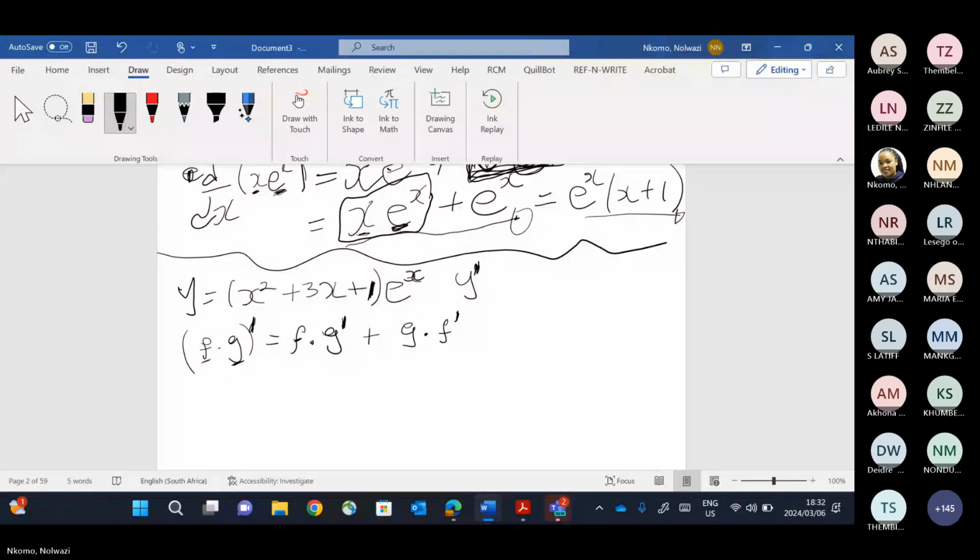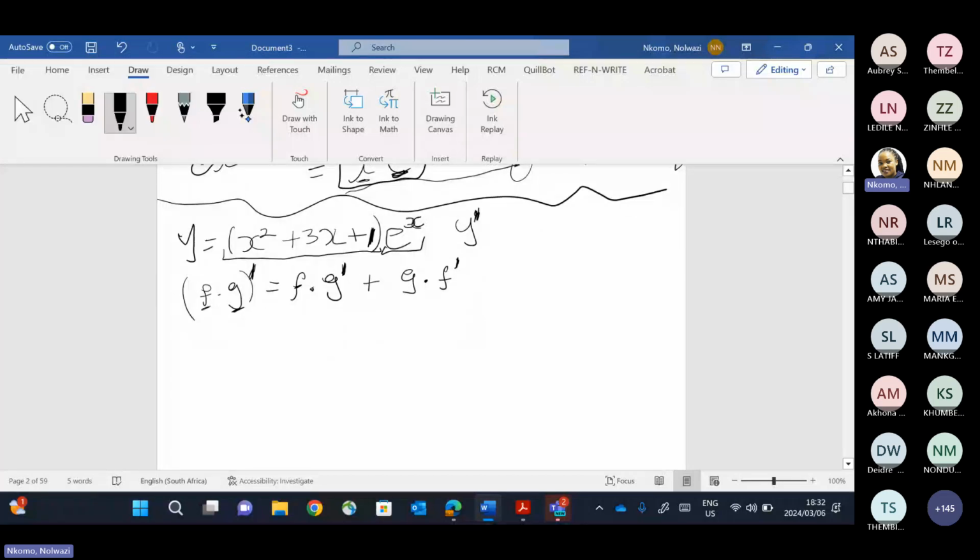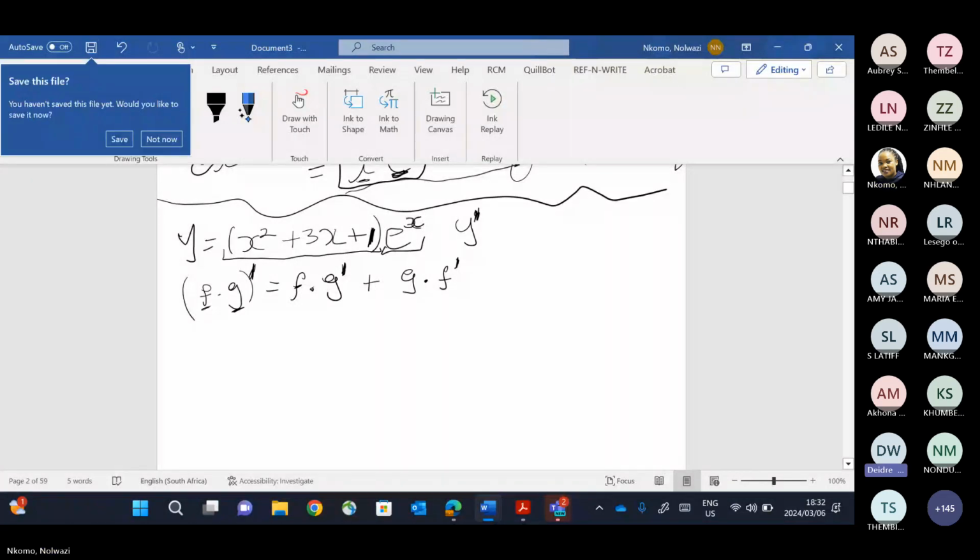We have two functions, f and g. Let this first function be our f, and this function be our g. We'll say f of x is equal to x squared plus 3x plus 1, and g of x is e to the power x.